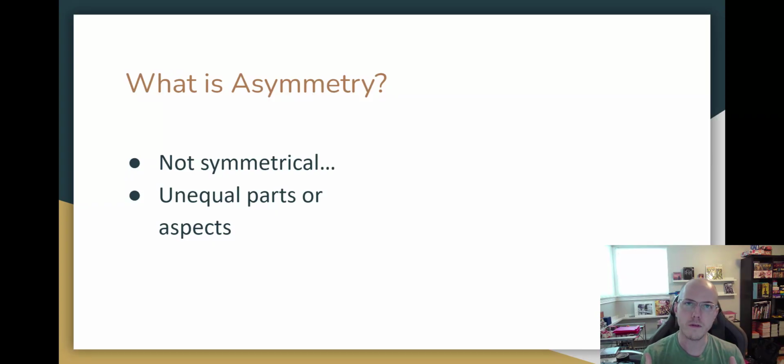But it doesn't have to be a physical thing. Asymmetry can also be a relationship between two things. So an asymmetrical relationship would be one in which you have an unequal standing or even power dynamic between you and another individual. That would be asymmetrical. That's a helpful start, but it has nothing really so far to do with TTRPGs.